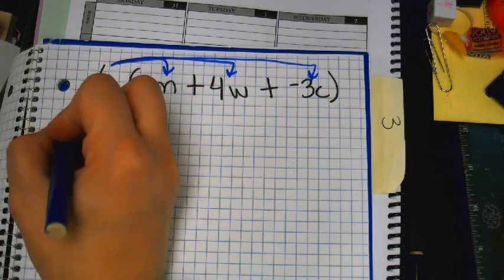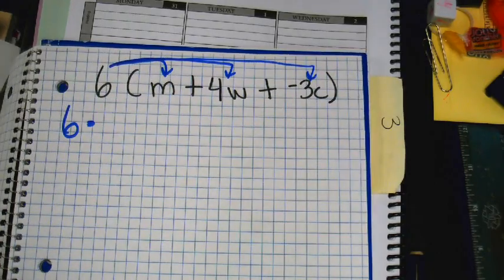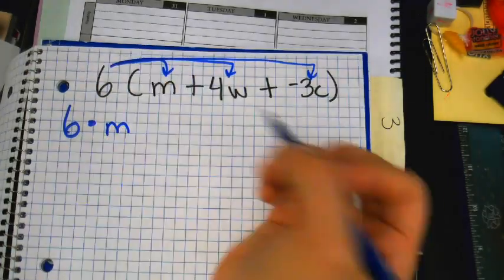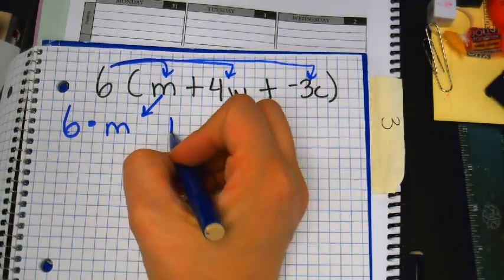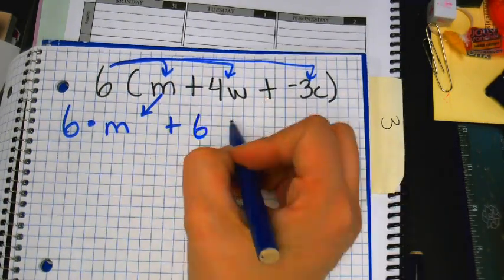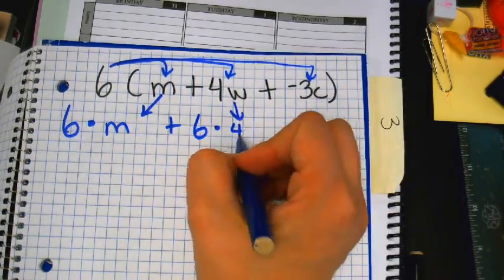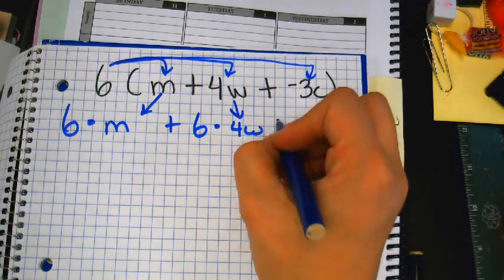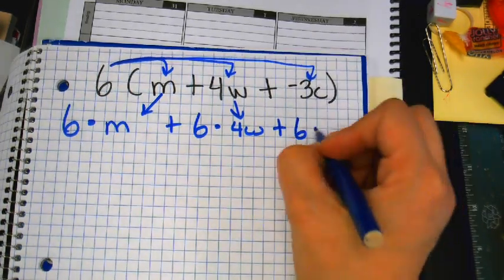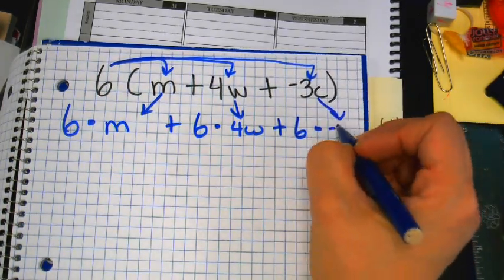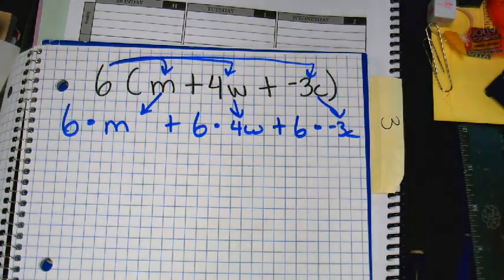So 6 times what? M. Plus 6 times 4W. Plus 6 times negative 3C. So you bring down everything and you give everyone a 6. That looks way too complicated. Yep, it does, for sure.